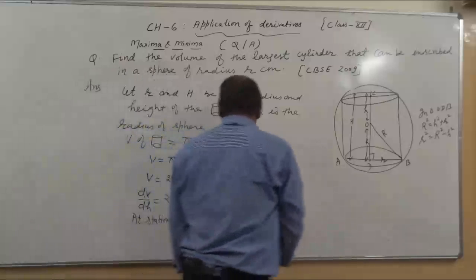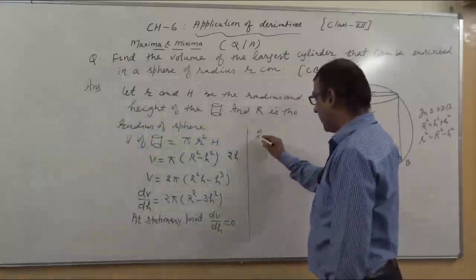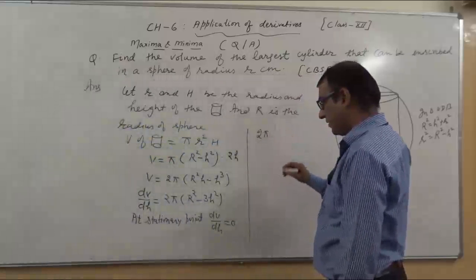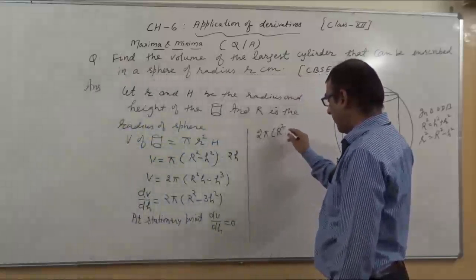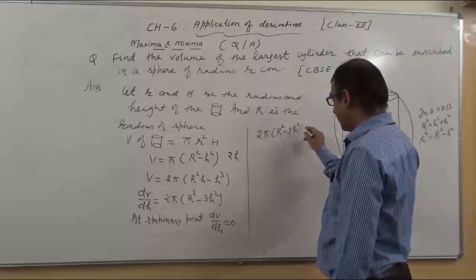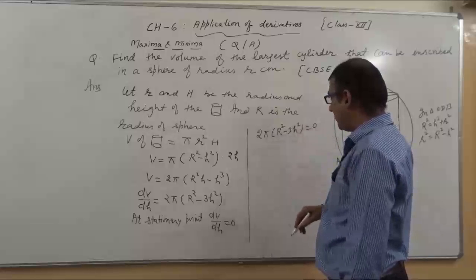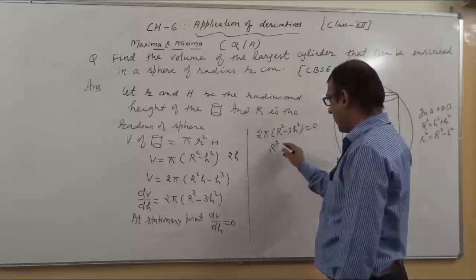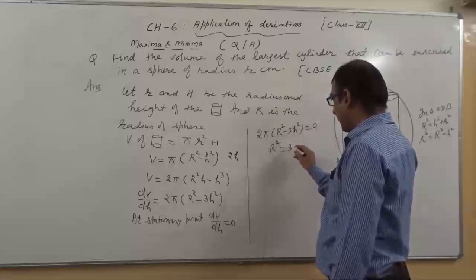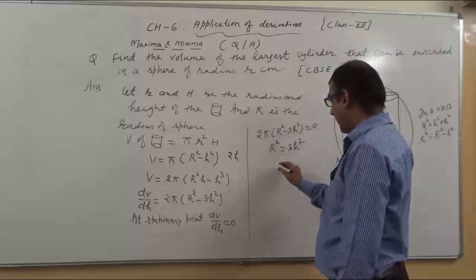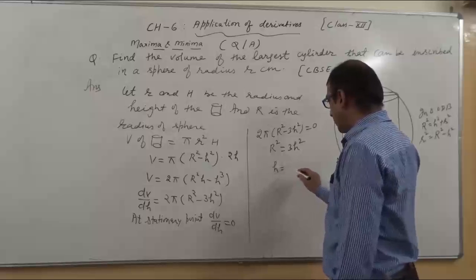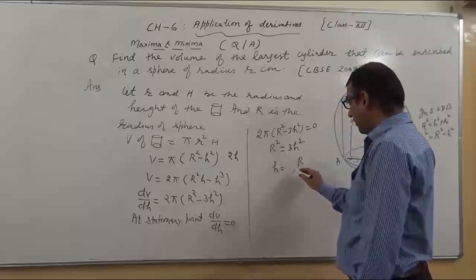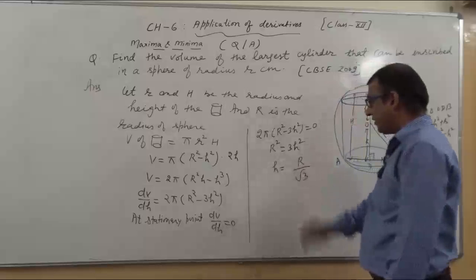When we put the value, it can be written as 2 pi (R square minus 3h square) equals 0. So R square is equal to 3h square, and the value of h is R upon under root 3.